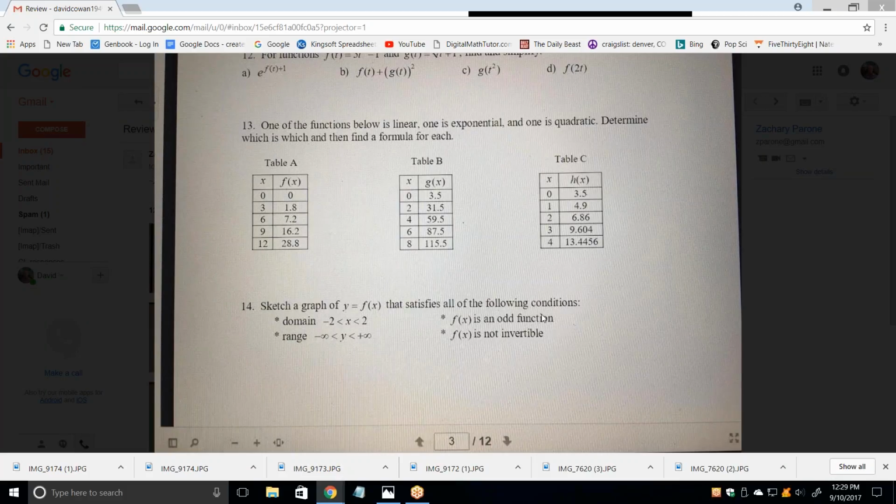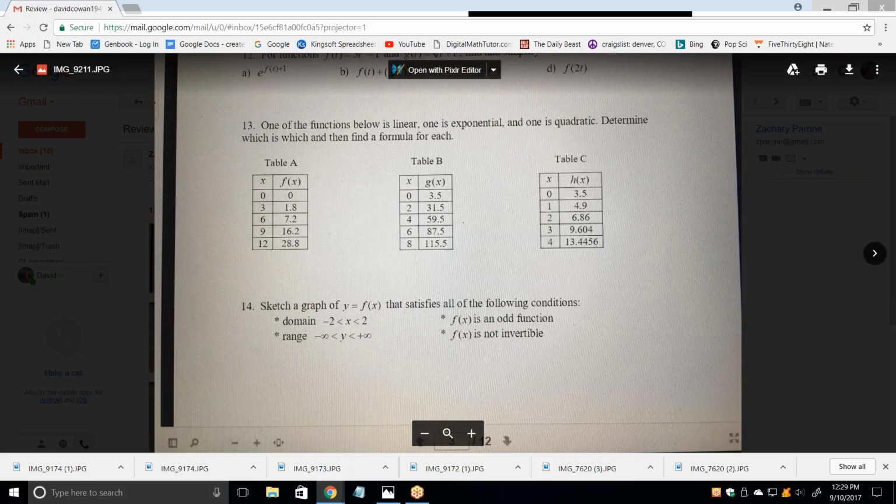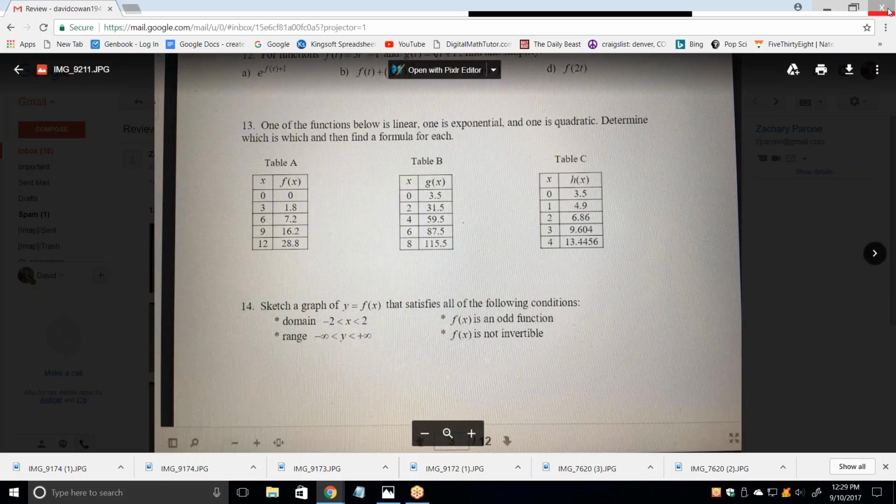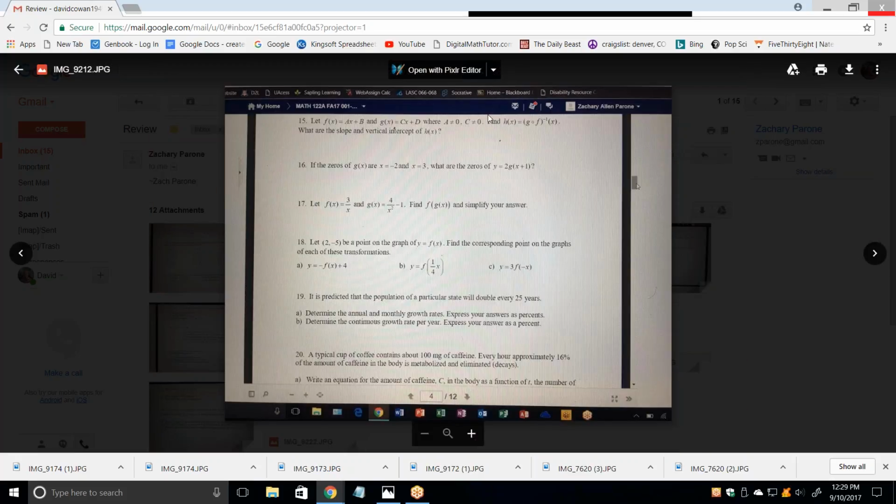I'm going to jump around here. Some of these questions I don't think are terribly useful for you, if you don't mind. I'm going to go to the next one, which is this one.